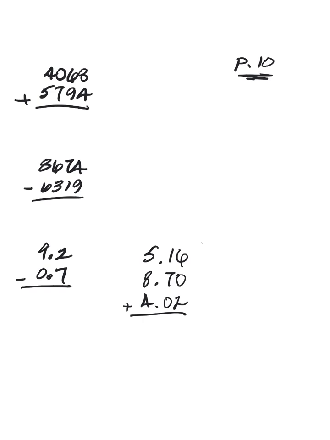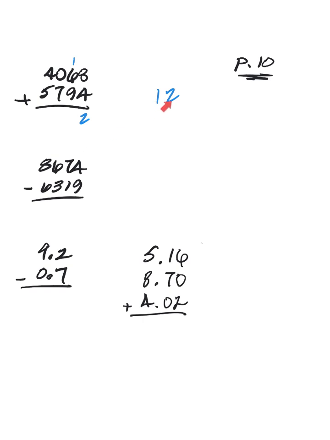All right, so let's add these together. We start on the right side, if you remember right. We add the 4 and 8 and we get 12. We can only put one number underneath the line at a time. So we put the 2 there, and remember, you add the 1 there. When I'm looking at, say, 12, the 2 is in the 1's position and the 1 is in the 10's.